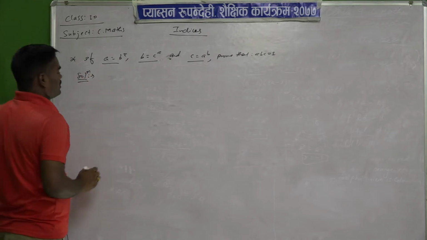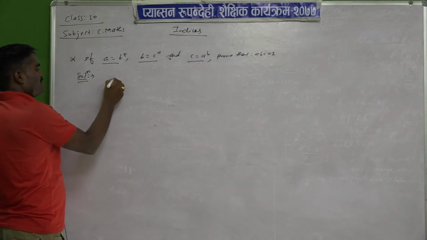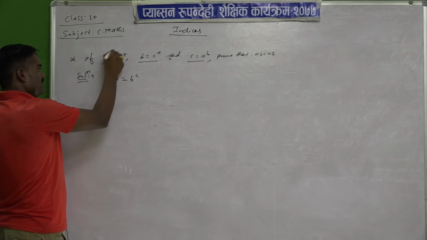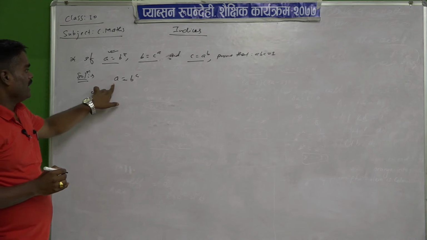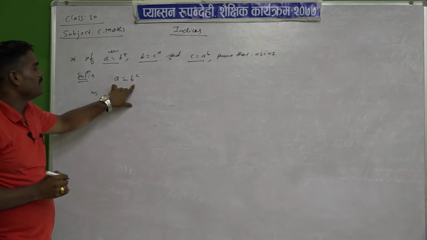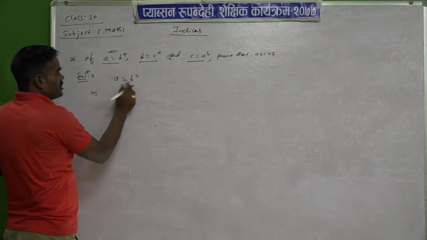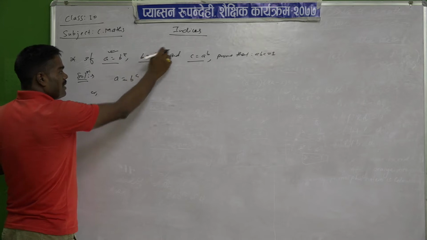Here I have taken a equals b power c, this condition. You are watching a equals b power c is the given condition, and what is the value of b given here? c power a.